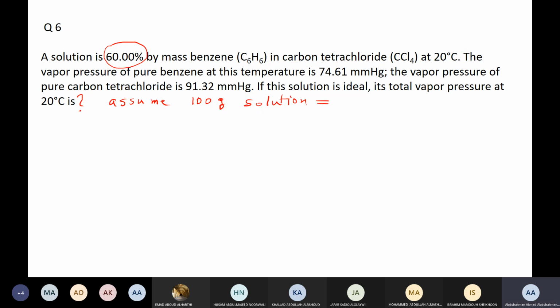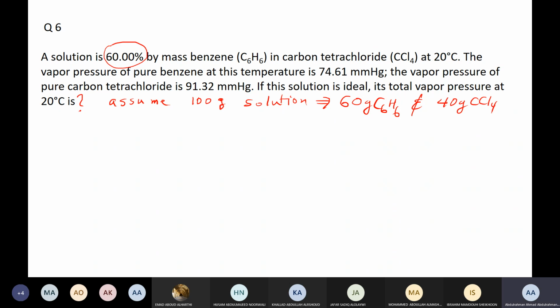You have 60 gram C6H6, and then 40 gram of CCl4. Okay, that's the first step.